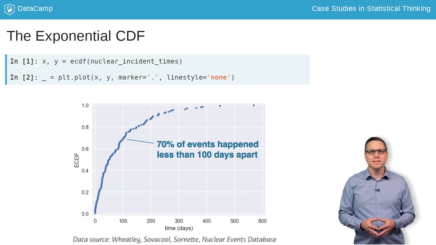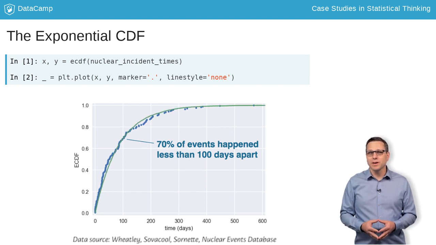Each point on the ECDF represents the fraction of observations less than or equal to the value on the x-axis. When we overlay the theoretical CDF, we see good agreement, which suggests that nuclear incidents are indeed described by a Poisson process.